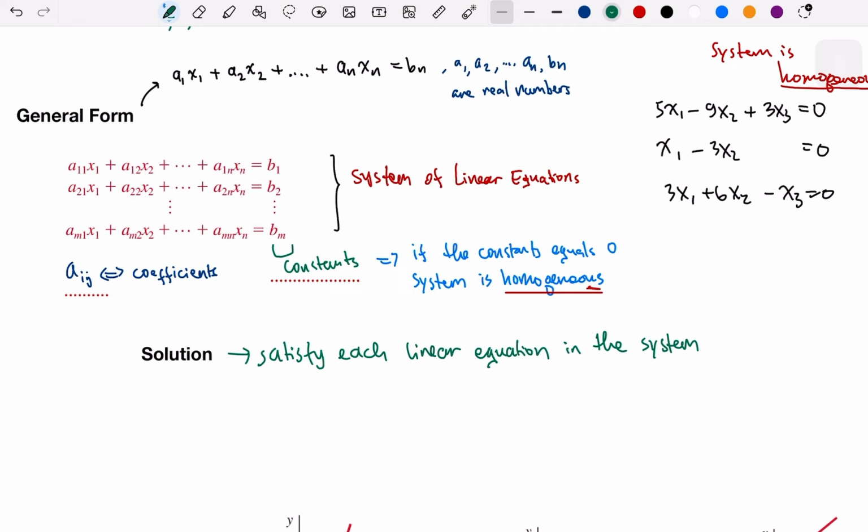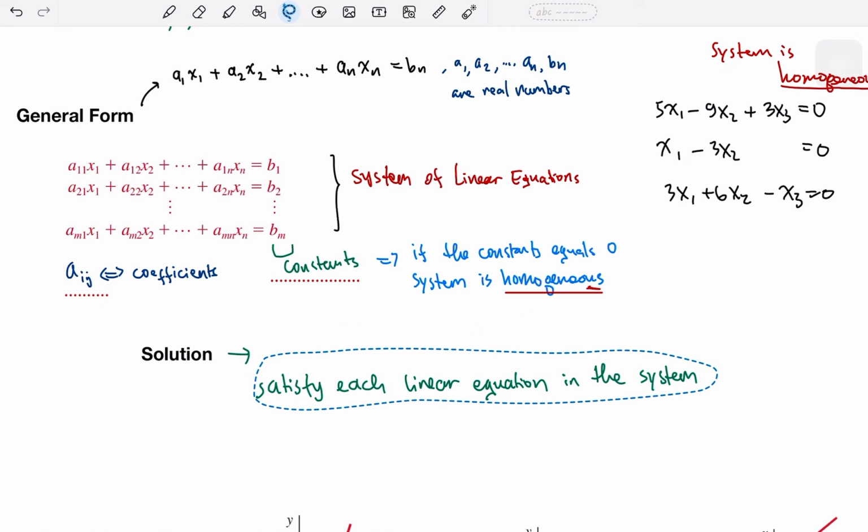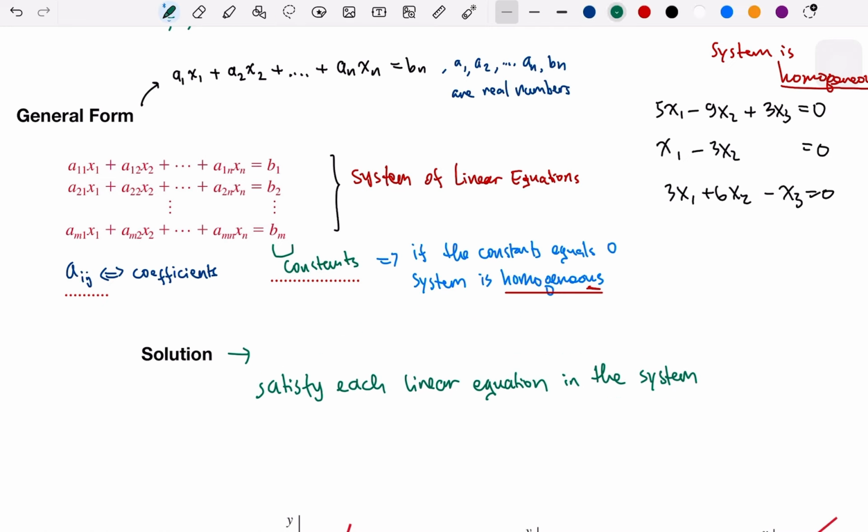Or, to write it completely, a solution is a set of numbers x1, x2, until however many variables we have, that satisfy the equations.